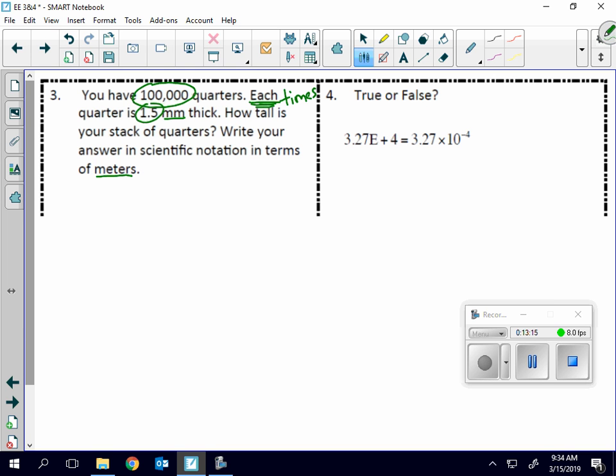Okay? Remember, whatever I write down, you write down. If I circle it, you circle it. All right, so we're going to multiply these things out. So we have 100,000 times, we'll use parentheses because I don't like to use X for times usually, times 1.5 is going to be 150,000.